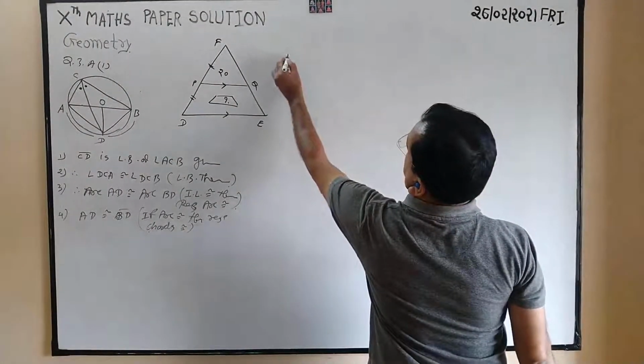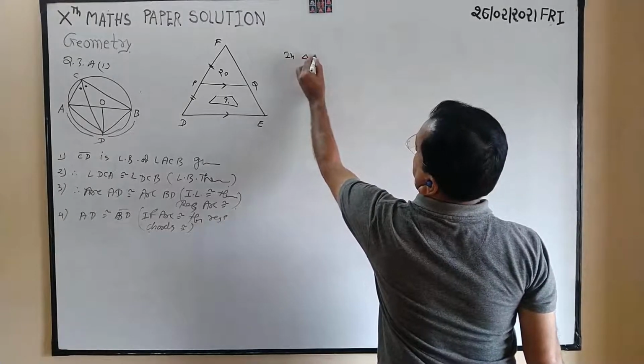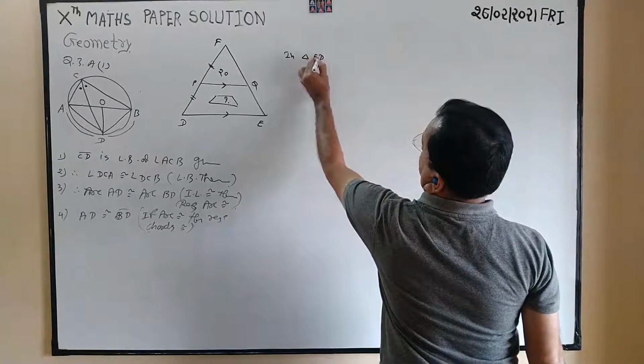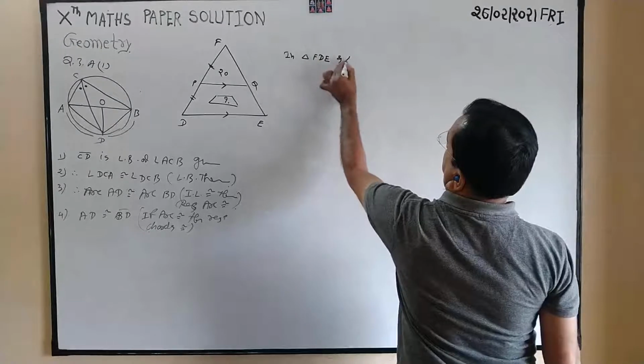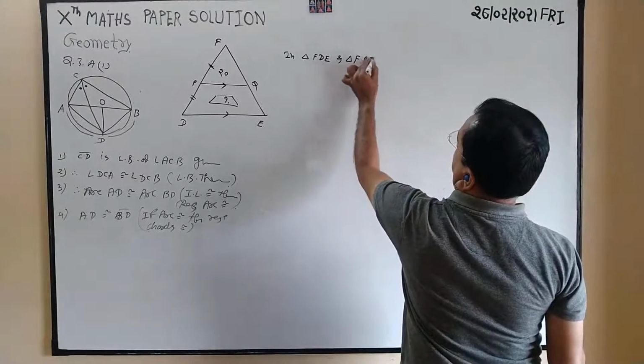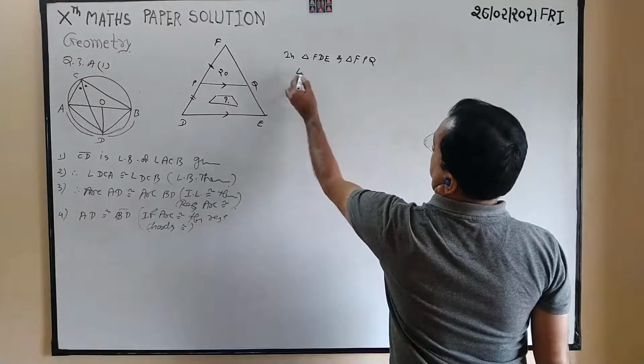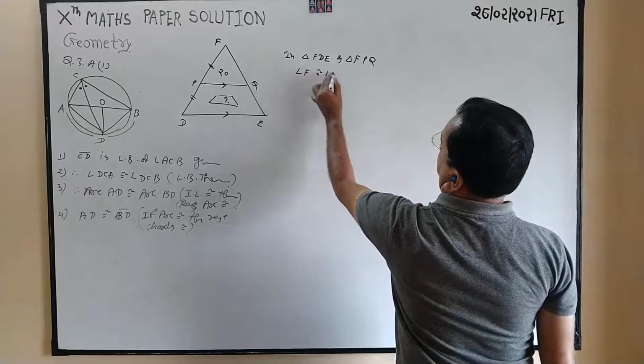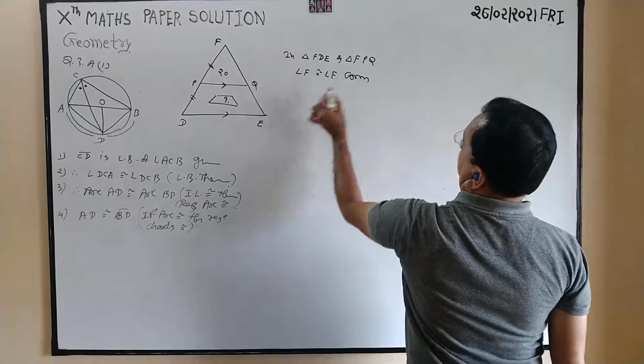So in triangle FDE and triangle FPQ, angle F congruent to angle F, common.